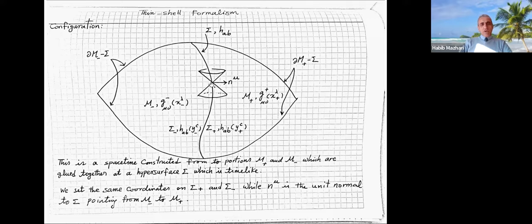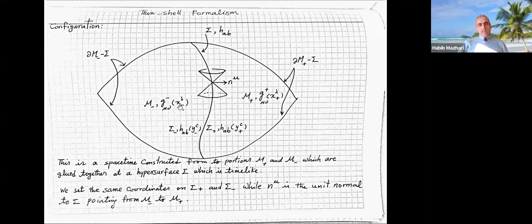And in this specific figure, we also introduce the unit normal to the surface, n mu, which, clearly from the figure, is a space-like vector, indicating our surface is time-like.